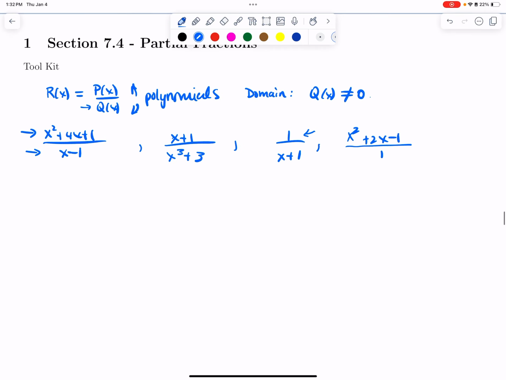So remember that our polynomials can't have any negative exponents or fractional exponents. We don't have any roots, so that's what a rational function is.